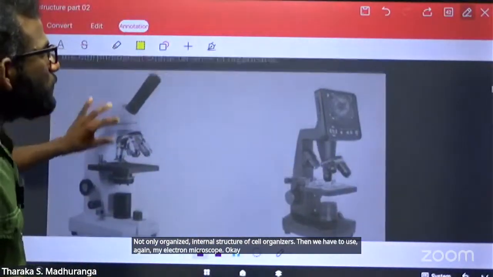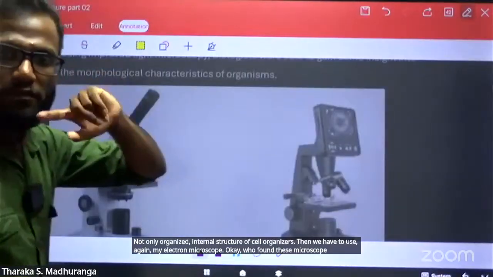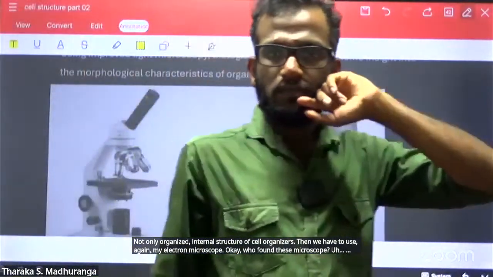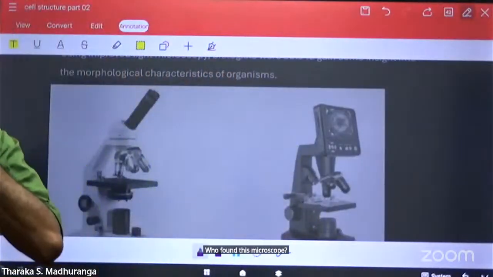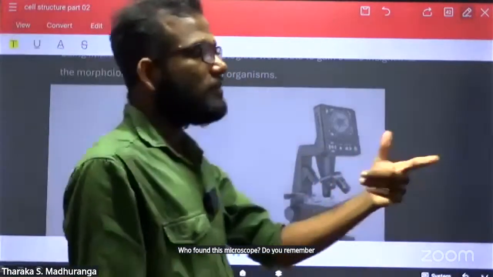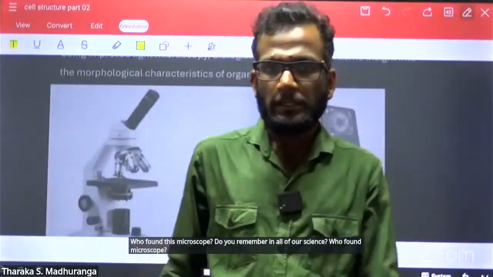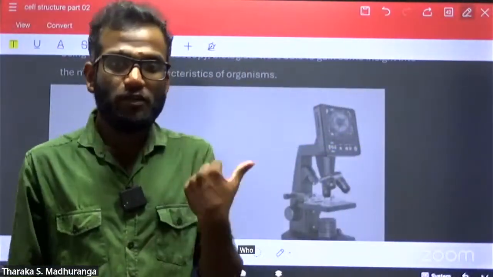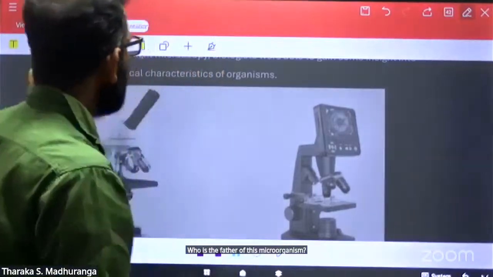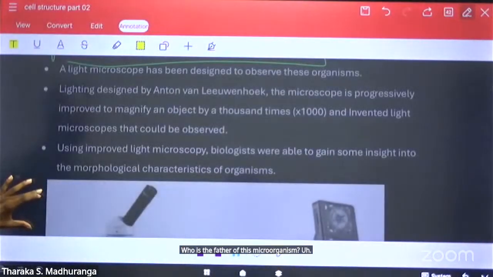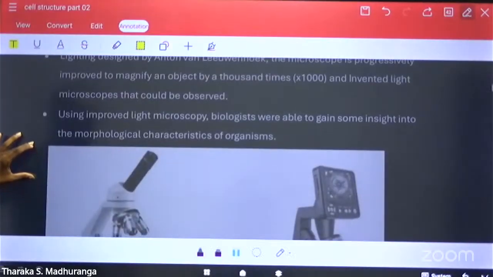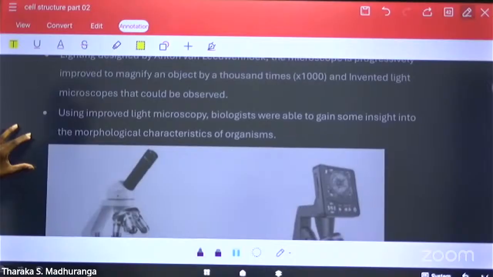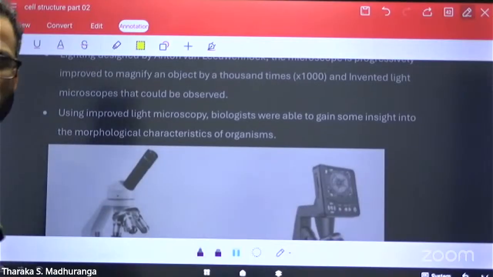Okay, who found the microscope first? Do you remember from O-level science who found the microscope? Who is the father of microorganisms?